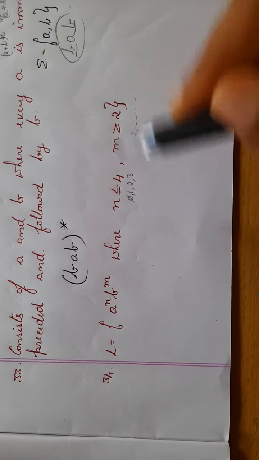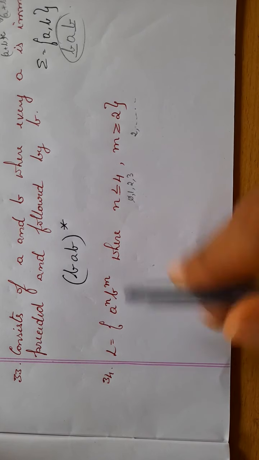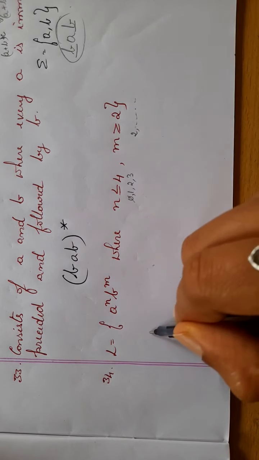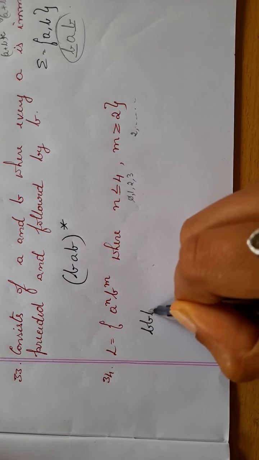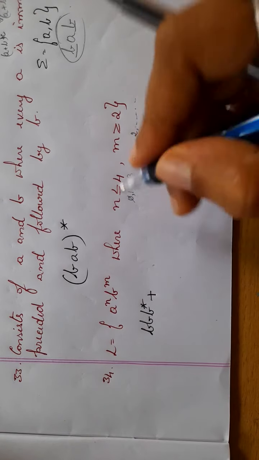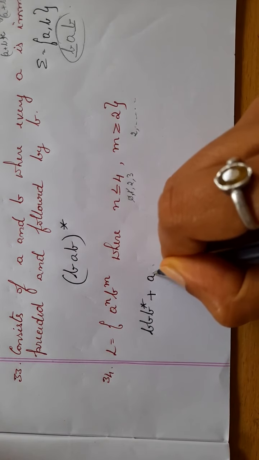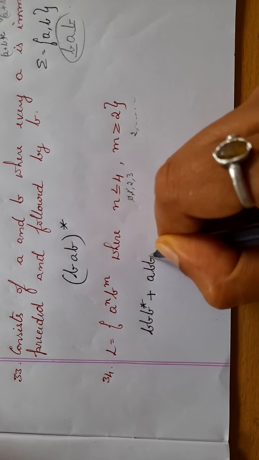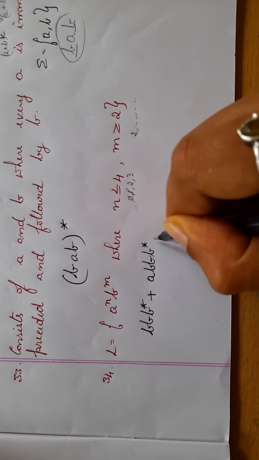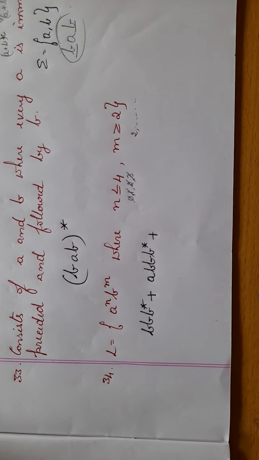So when I consider 0 here, I need not have any number of A's. What is the number of B's? Minimum 2 B's, and then I can have any number of B's. Or I can have 1 A and then 2 or more B's. 1 A and then minimum 2 B's and then any number. Or the same thing I can have with respect to 2 and then 3.